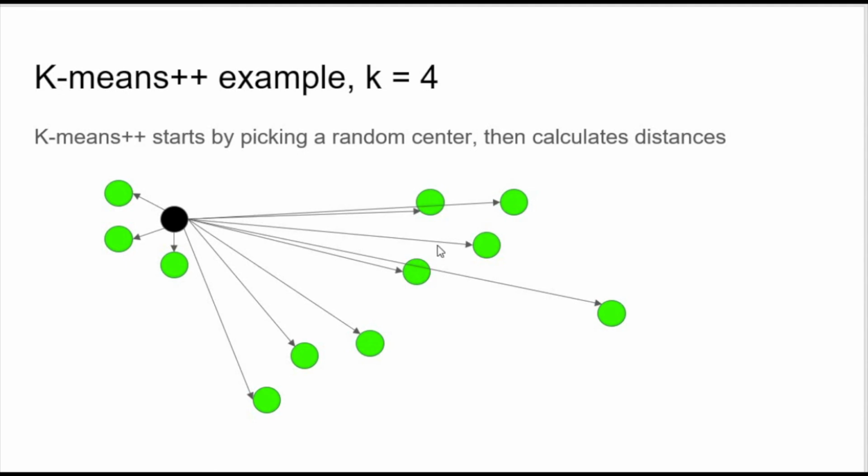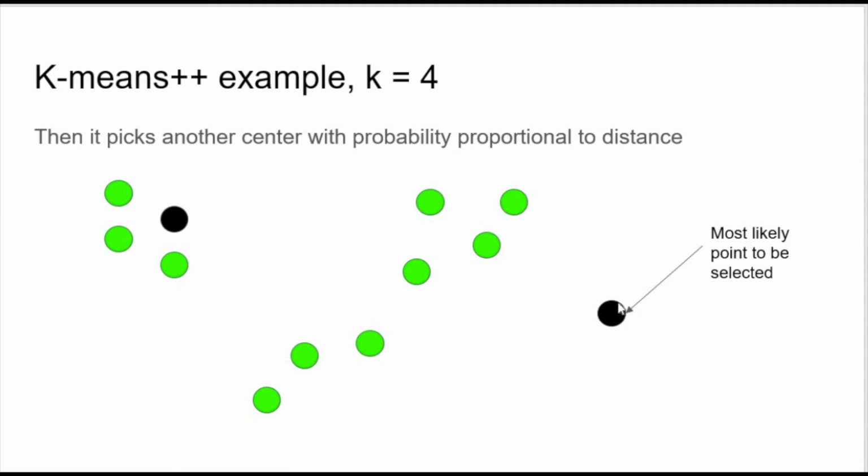Then we calculate the distance between the dataset and this black point. And this green point has the furthest distance, so this point is most likely to be chosen. So we'll choose this point here as our second center. And we'll repeat the same process.